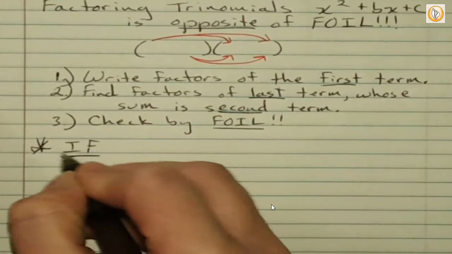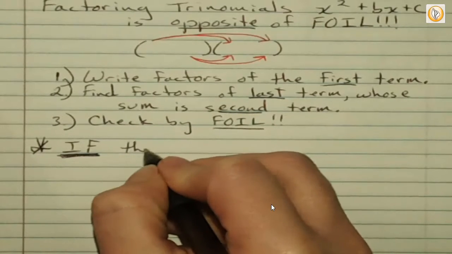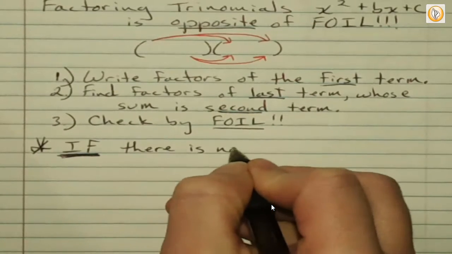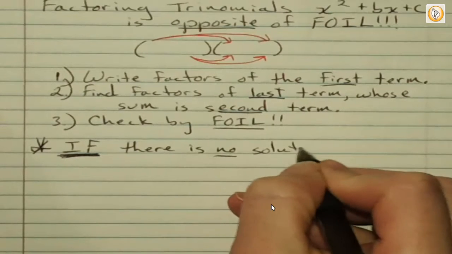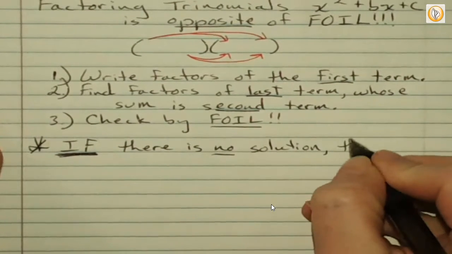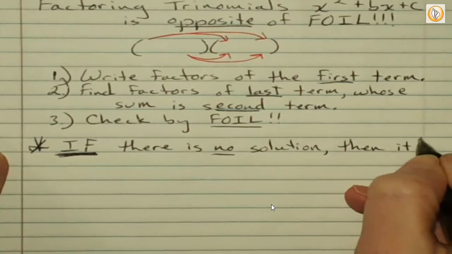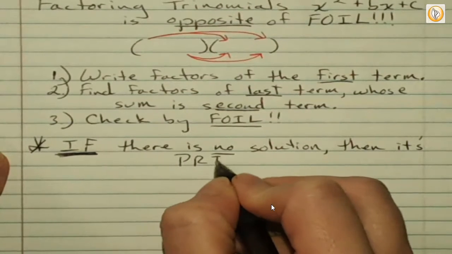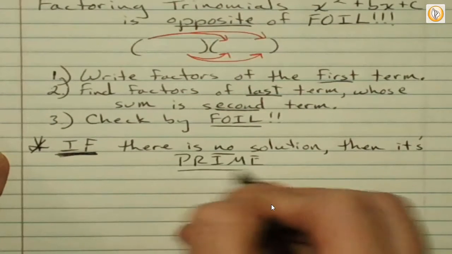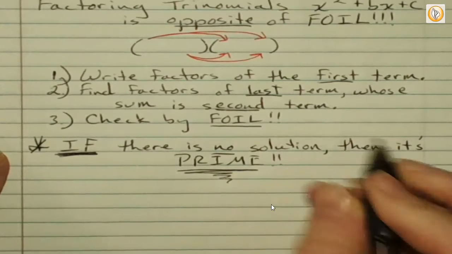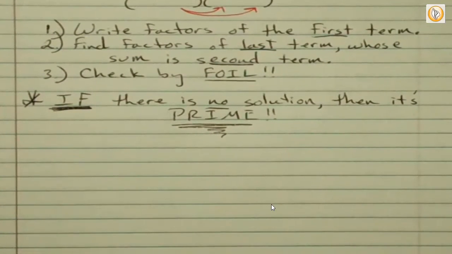If there is no solution, then it's prime. I'm going to tell you something. There is nothing more annoying than listing all the combinations of factors and doing all that work to find out it's prime.